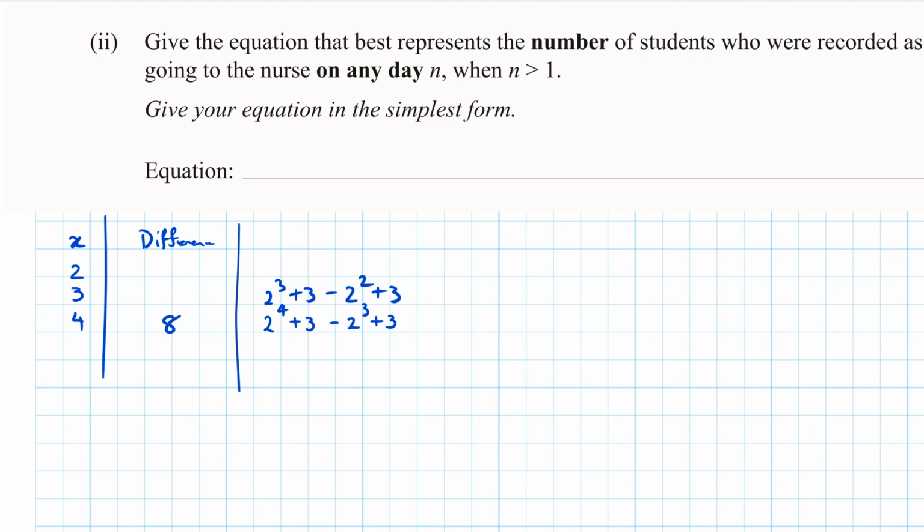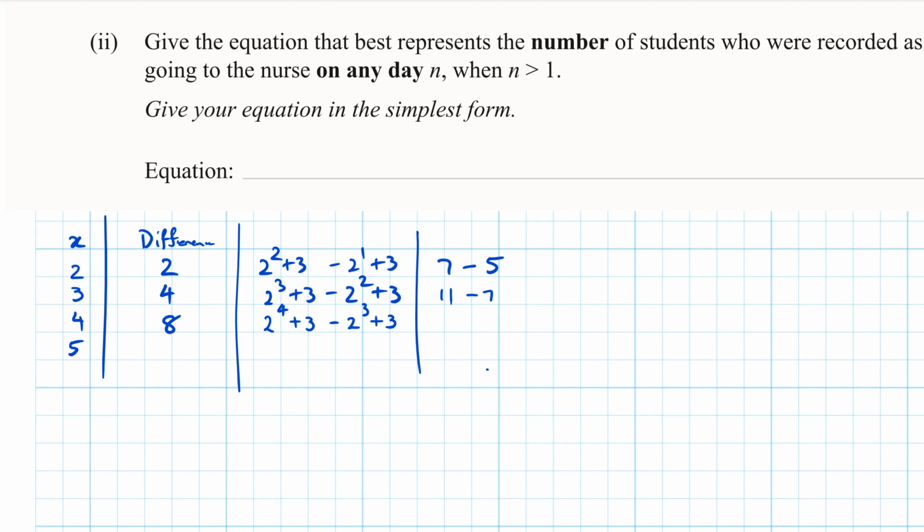So that's going to be 8, 11, take away, because 2 cubed is 8, 8 plus 3 is 11. Just going to keep doing this here. 11 minus 4 plus 3 is 7, so that's going to be 4. And then I keep repeating it. So 2 squared plus 3 minus 2 to the power of 1 plus 3. So that's going to be 7 take away 5. So that's going to be 2.